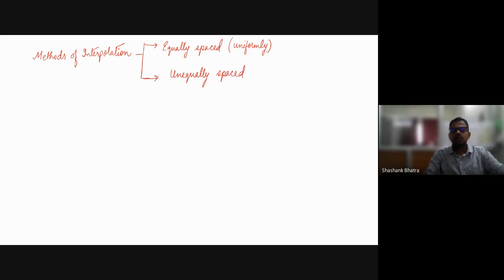Okay, so the methods of interpolation for equally spaced and unequally spaced are different. What are the most prevalent methods that we'll be discussing for each one of the cases?